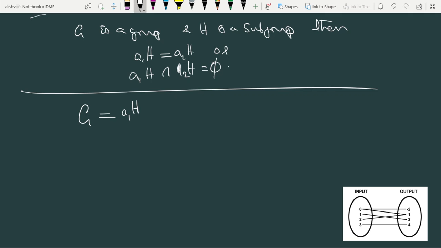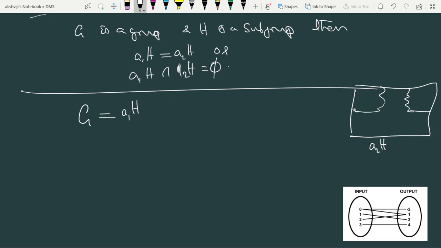Now, if it is our group G, then A1H is a subset of G, need not be a subgroup, but it's a subset of G. Now consider another arbitrary element of G, say A2, and find the left coset A2H. By our previous result, this A2H is either equal to A1H, or it is an entirely different subset of the group G.